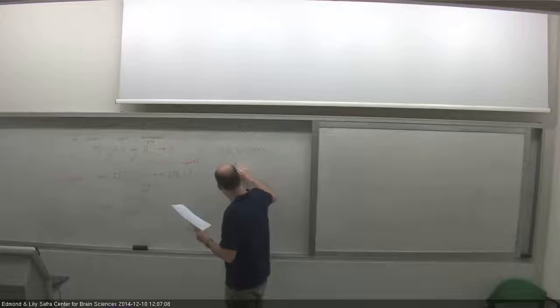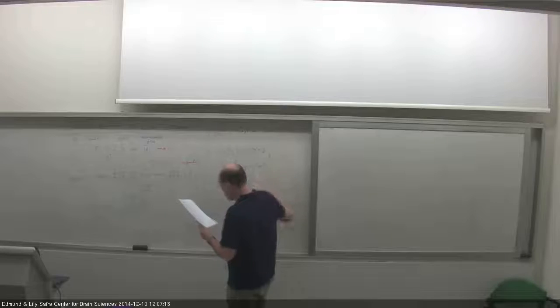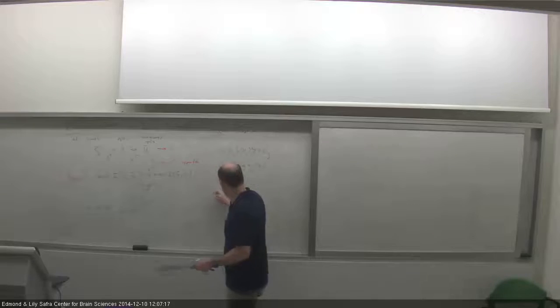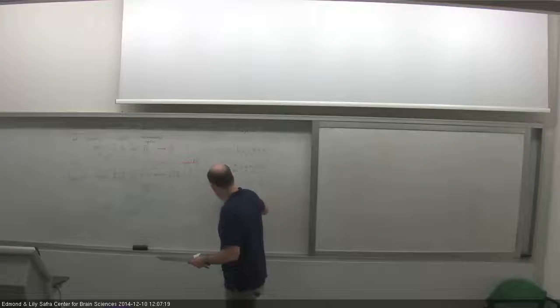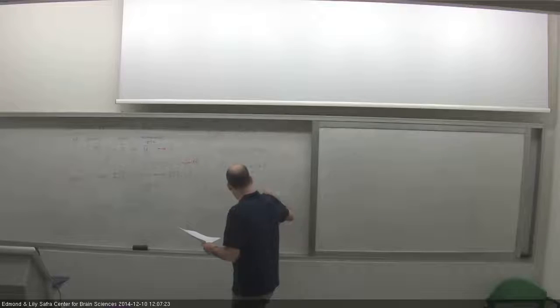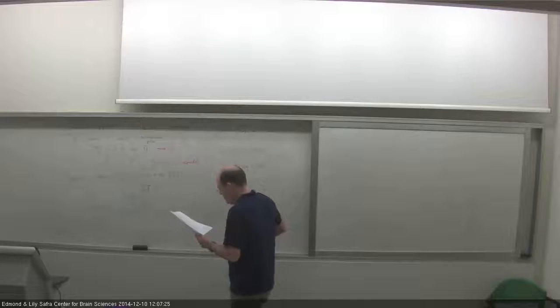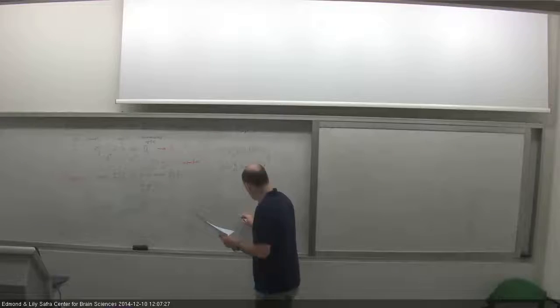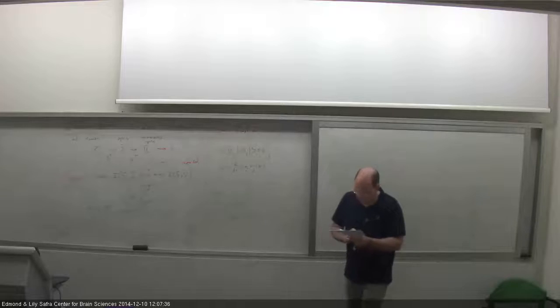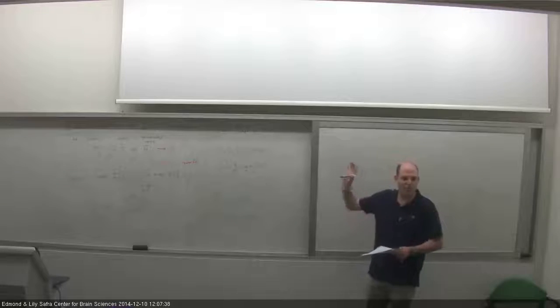It's minus d by du of log g prime of u. And for a logistic p, it ends up being simply a hyperbolic tangent. So h of u is hyperbolic tangent of u. Okay, so all this was a reminder.